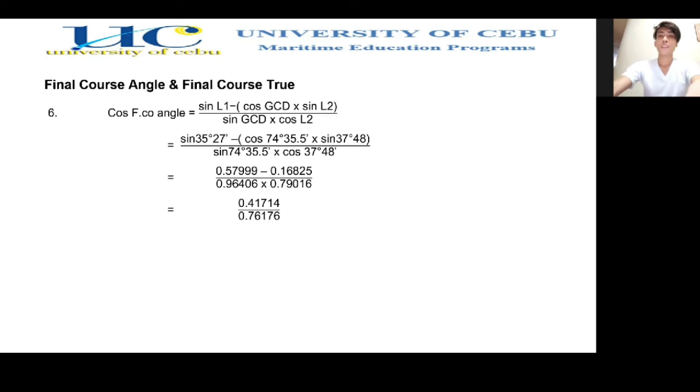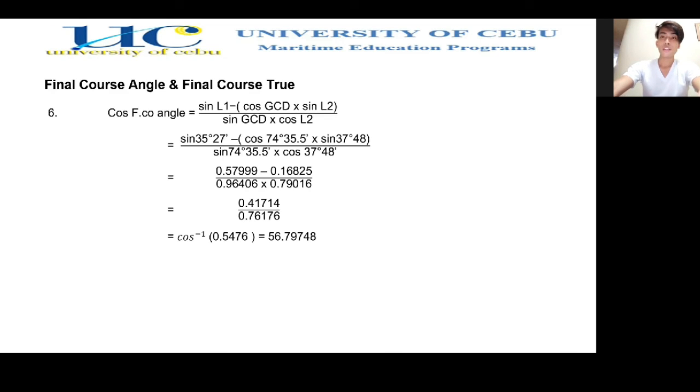So next, the answer is 0.41741 divided by 0.76176. After dividing it using the calculator, we will now get the answer.